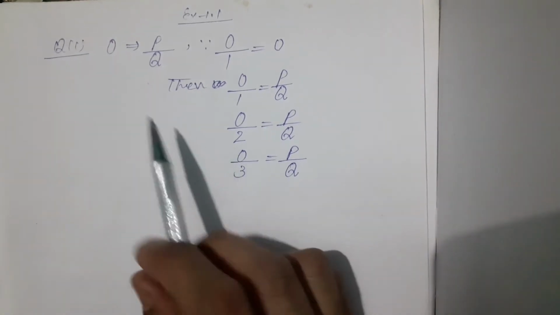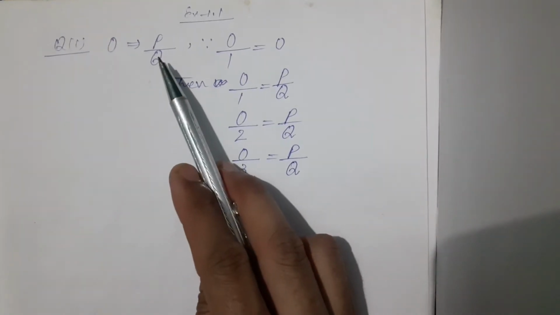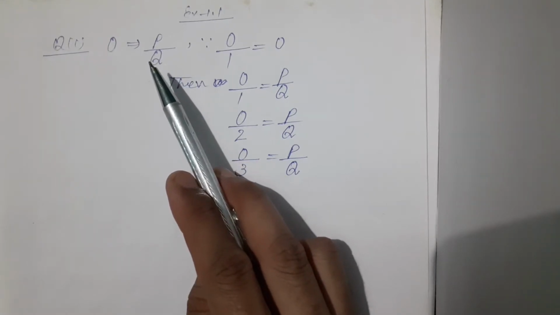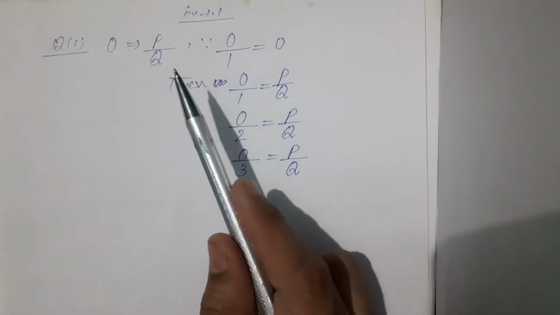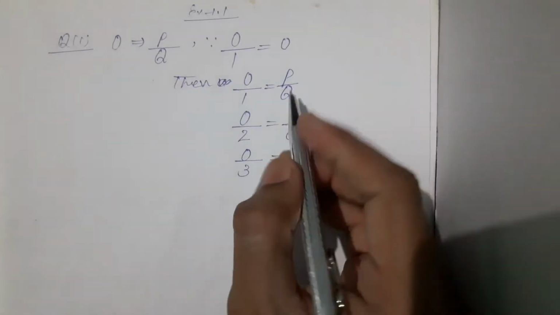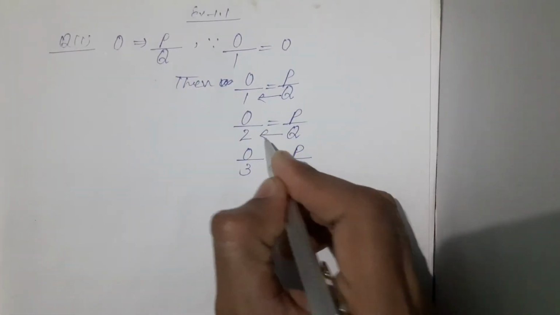So 0 can be written in the form of p upon q. So the answer to this question is: yes, 0 is a rational number and we can write 0 in the form of p upon q, where q is not equal to 0.